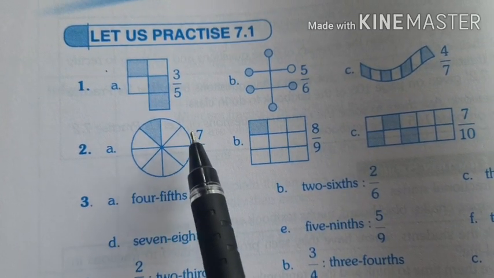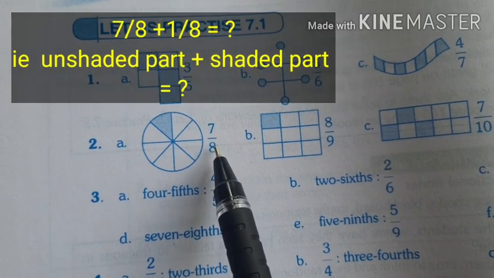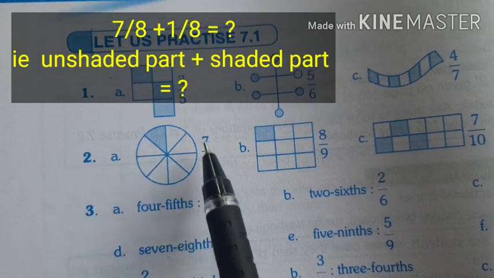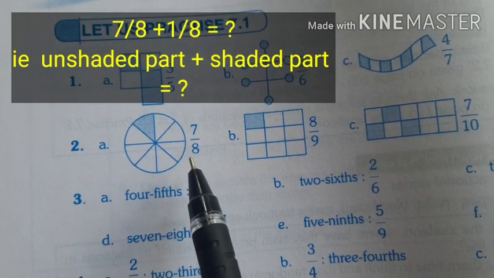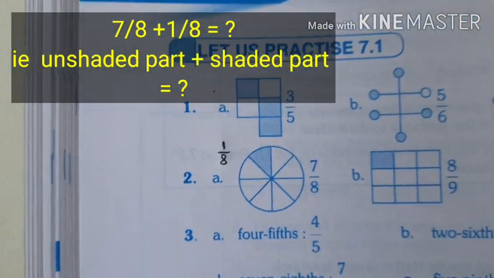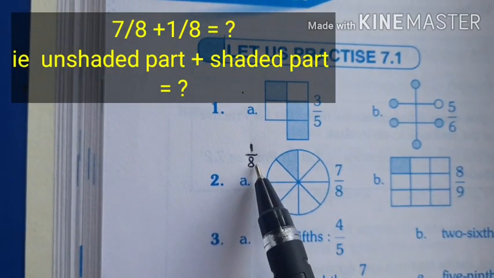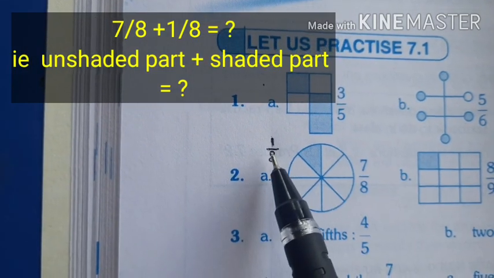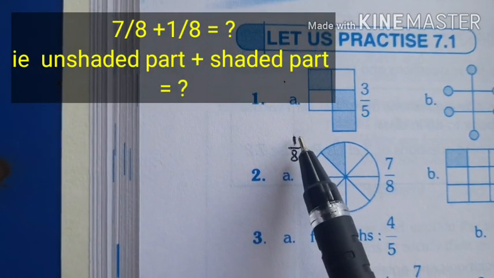Do we know why? We have divided the whole thing into 8 parts. Out of 8 parts, 7 parts are unshaded. That is why the unshaded part's value is 7 by 8. Right? And what is the value of shaded part? The value of shaded part is 1 upon 8 because the whole circle is divided into 8 parts, that is written down, and one part is shaded, that is written upside.